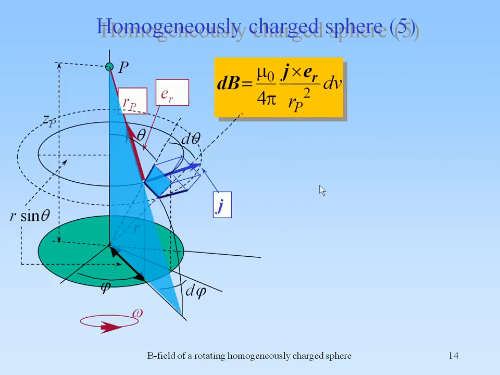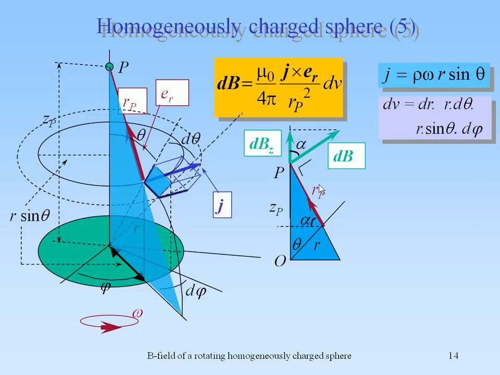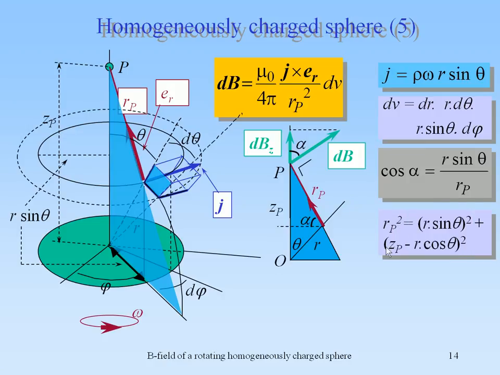Again, dB, J, dV, the cosine component, and now rp. And rp is given by the square root of r sine theta squared plus zp minus r cosine theta squared.